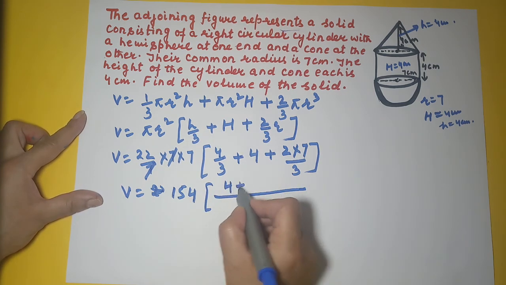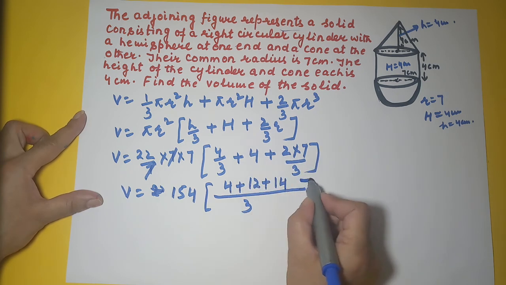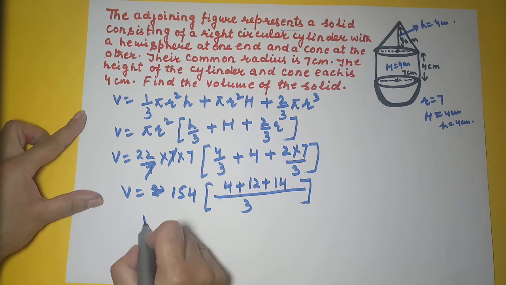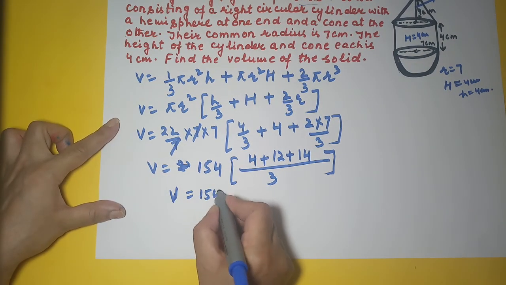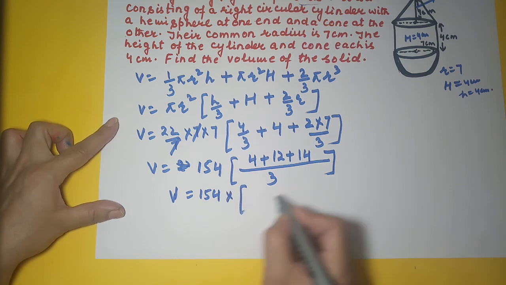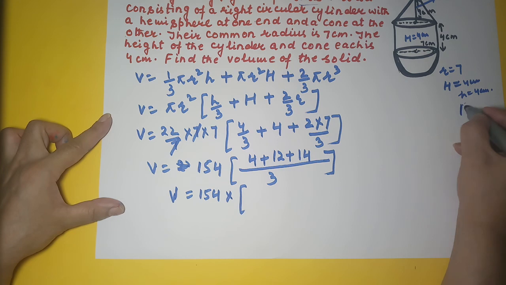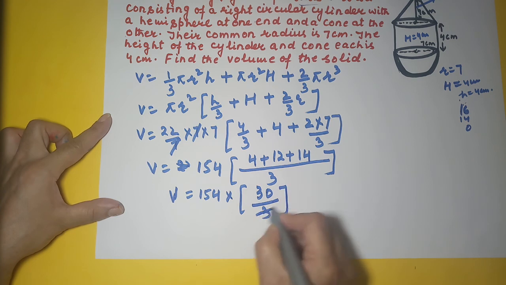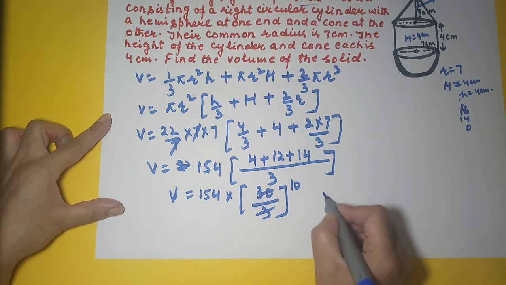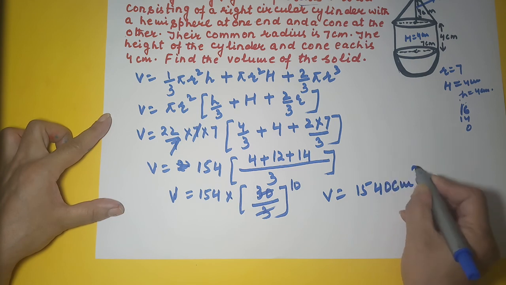So 4 plus 4 3s are 12 plus 7 2s are 14, right? So your volume is equal to 154 into 12 and 4 is 16. So 16 and 14 is 30. 30 divided by 3, so 3 tens are 30. So your volume is equal to 1540 centimeter cube.